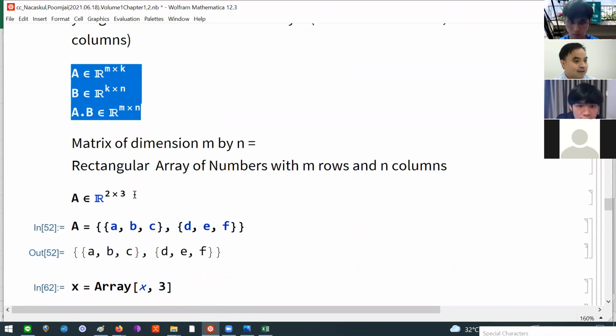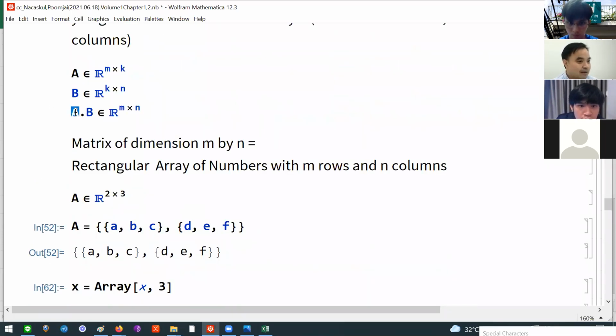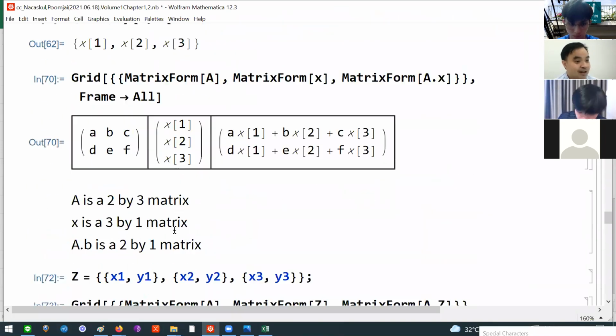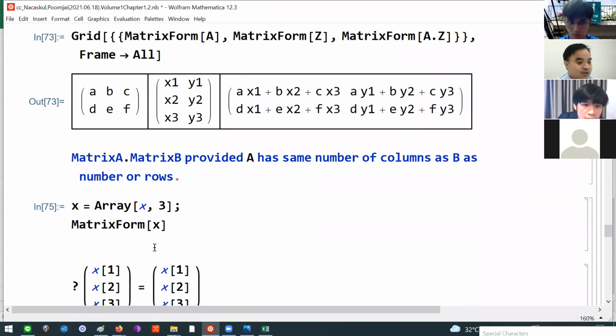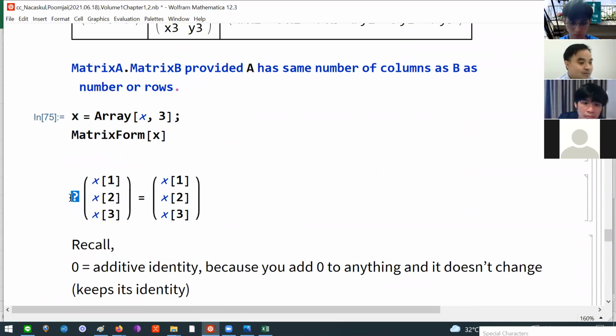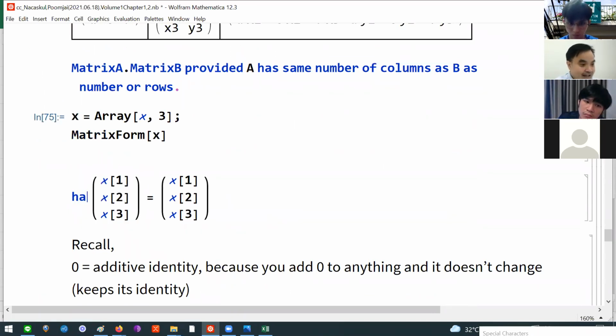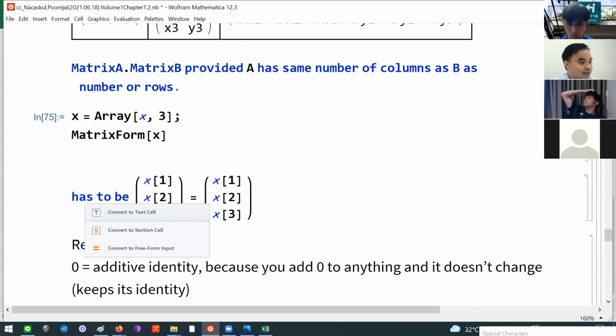Now, if I'm going to multiply A to B, it has to have the same number of columns as B has number of rows. So definitely, this thing has to be what dimension?